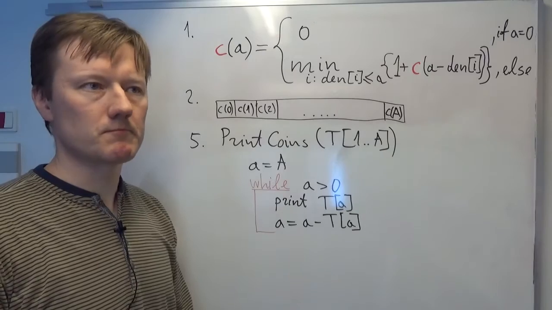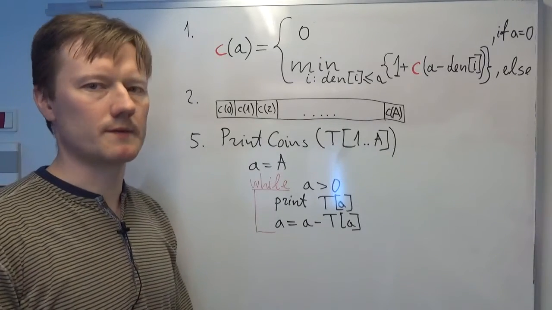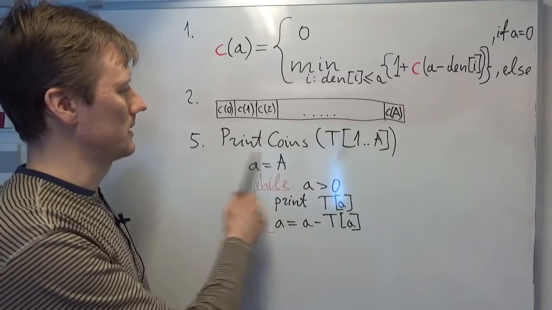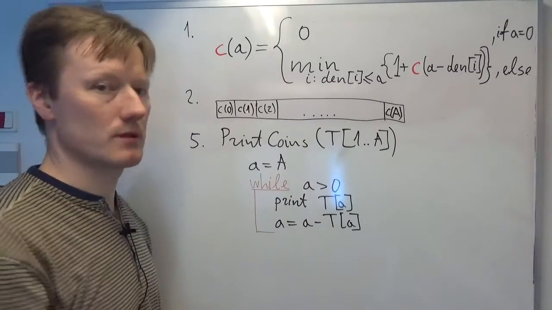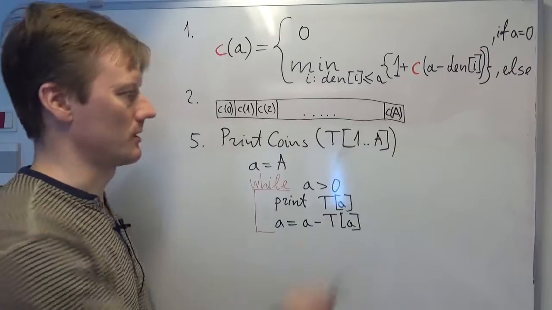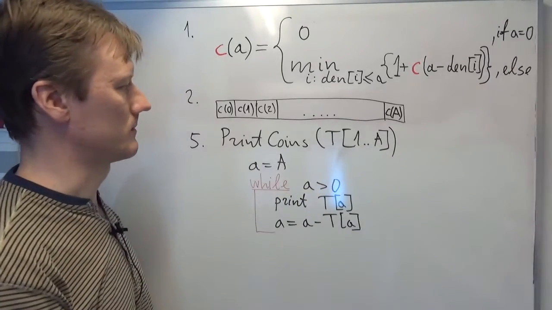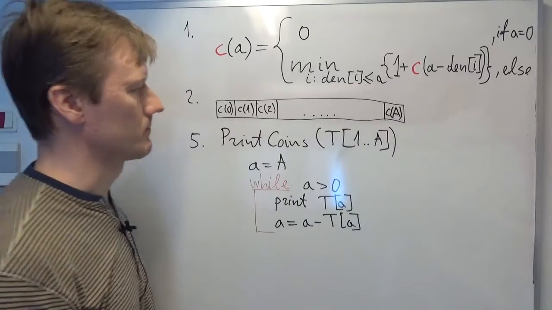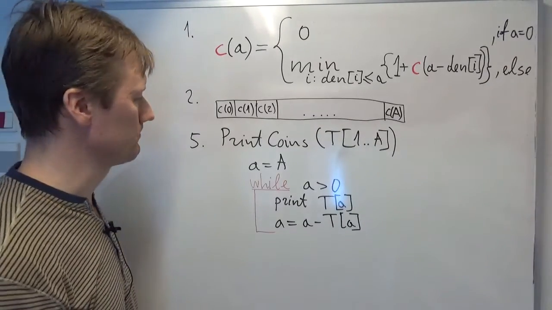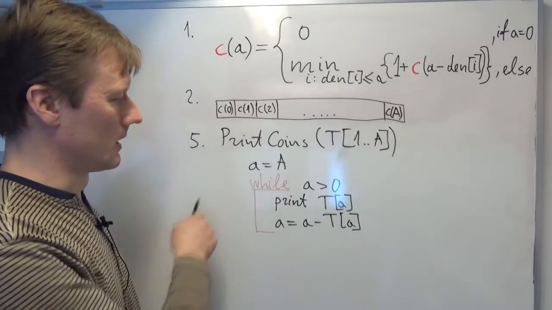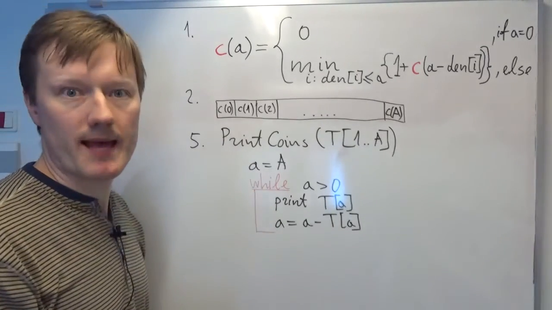Finally, once we have our choices recorded in table T, we can write a simple procedure to print out the coins that we need to use to change the amount A. This is the T returned from the coin change 1 algorithm. And we just trace the choices back.